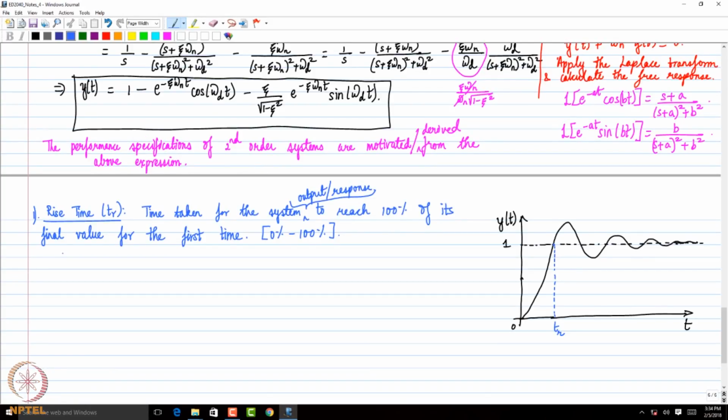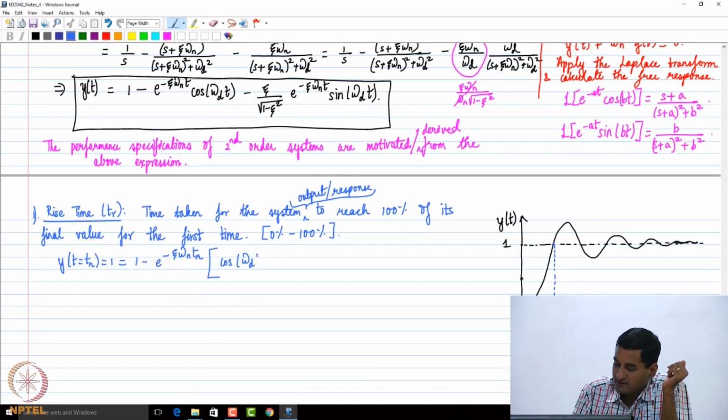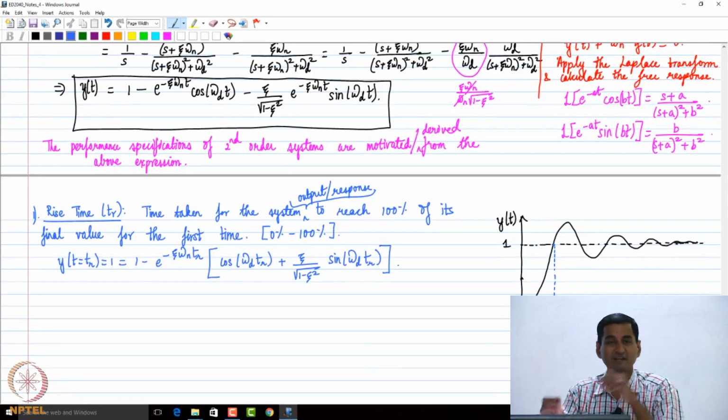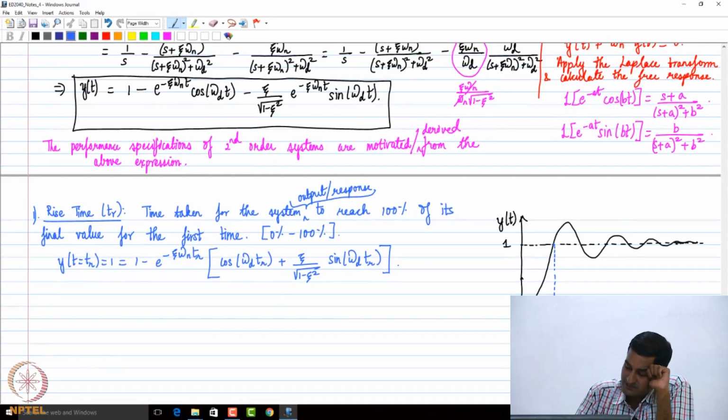So use this equation. y at t equals tr is equal to 1, which is nothing but 1 minus e power minus zeta omega n tr multiplying cos omega d tr plus zeta times square root of 1 minus zeta square sin omega d tr. I am just taking the exponential term common from the second and third terms. That's what I have done. So what does this imply?